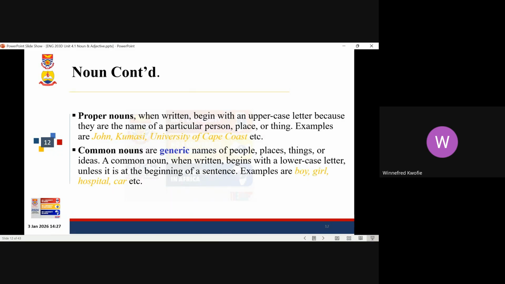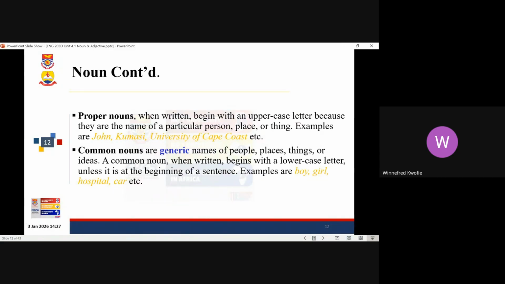Okay. They name specific places, or they name specific things. So because they name specific places, proper nouns do not take articles or determinants. They don't usually take determinants or articles.